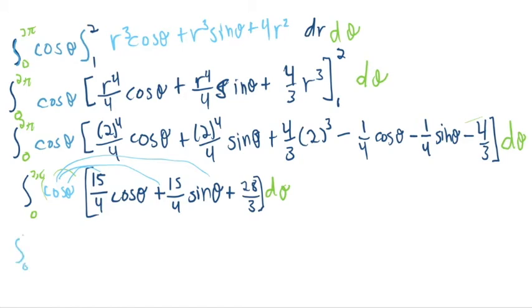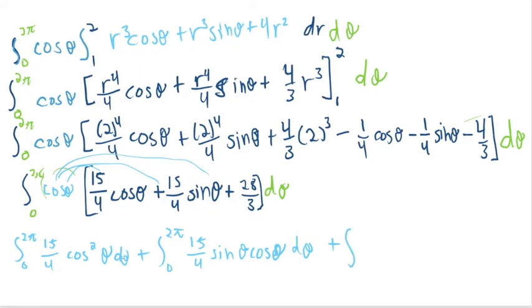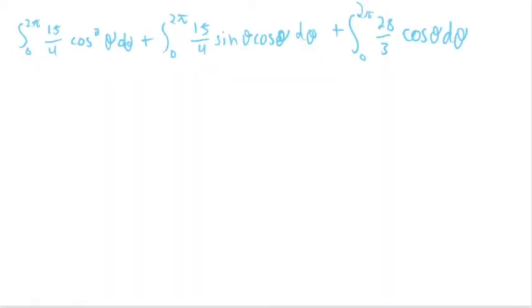So we're going to have from 0 to 2 pi of 15 over 4 cosine squared theta, plus from 0 to 2 pi of 15 over 4 sine theta cosine theta d theta. And that final integral is going to be from 0 to 2 pi 28 thirds cosine theta d theta. So now we're going to solve out each integral.